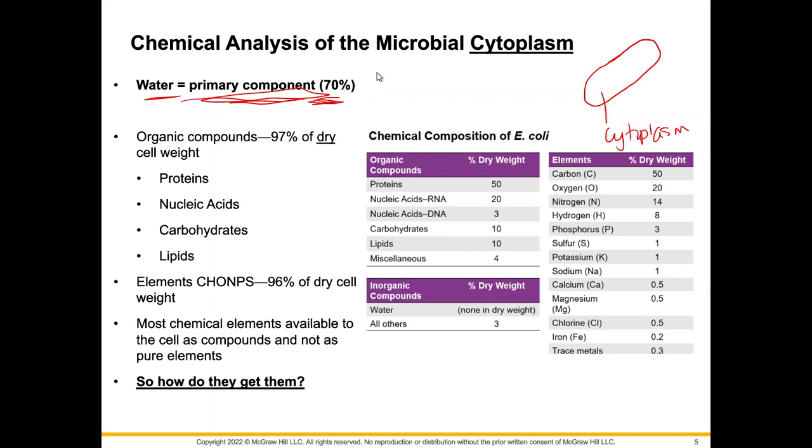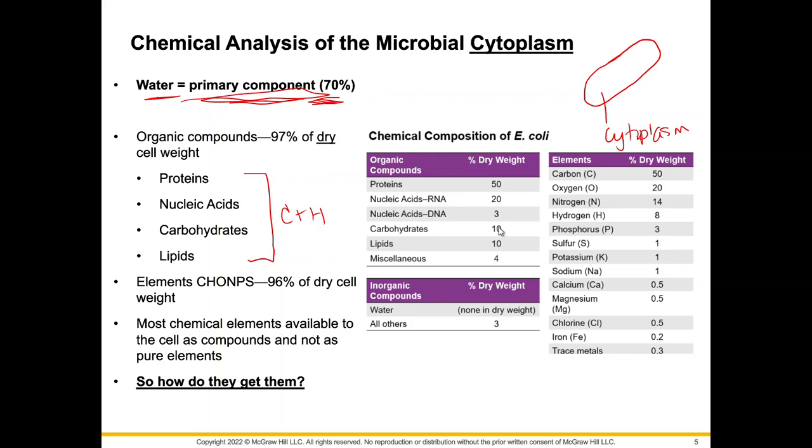Now, if we were to take water out of the picture here, pretend we sucked out all the water and so all we have left is like the dry components, then 97% of what's left over besides water are organic compounds, like those proteins, nucleic acids, carbohydrates, and lipids. And again, that means that all of them have C and H, among other things.